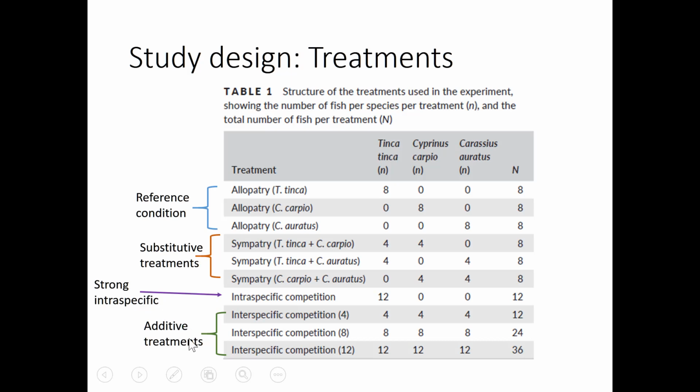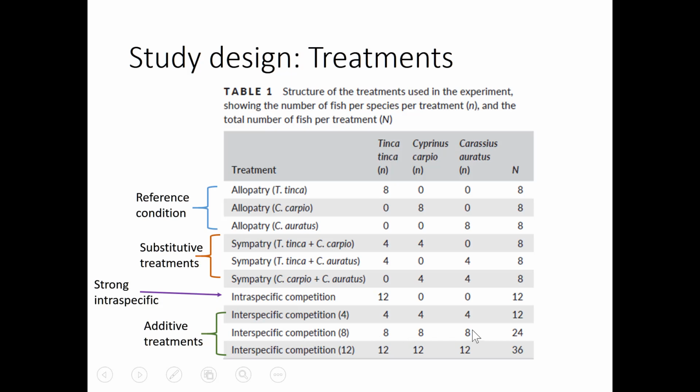The other set of treatments are the additive treatments. So here we've got interspecific competition, just like up here. But here we've got 4 of each species. So it's kind of like sympatry, except we've got an additional 4 individuals of the other species. And here we've got interspecific competition.